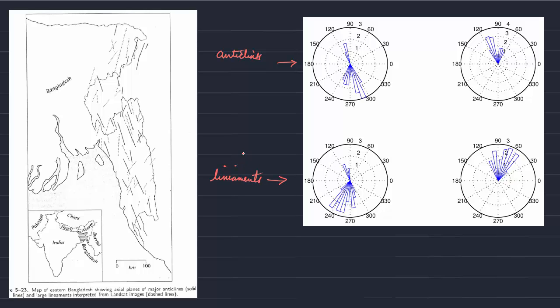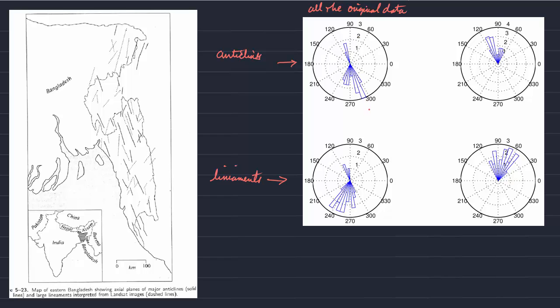The first set of plots has just all the original data. So this has the 180-degree ambiguity in it.